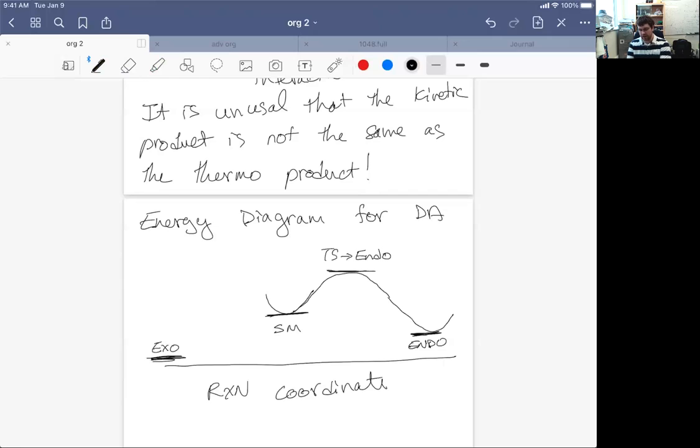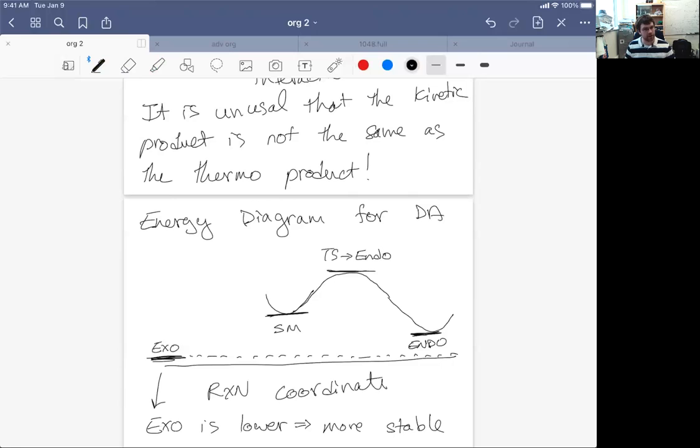So this is just kind of reviewing energy diagrams. We have a valley going to a valley by way of a hill. The peak of the hill is the transition state towards the product. And we're going downhill to the endo product that is exothermic, but it's not as exothermic as the exo product. The exo product is lower in energy, i.e. more stable.